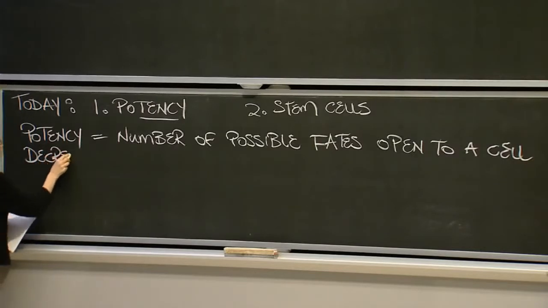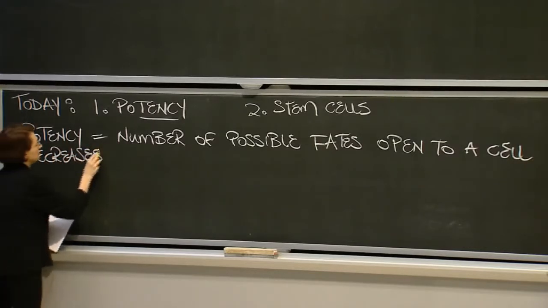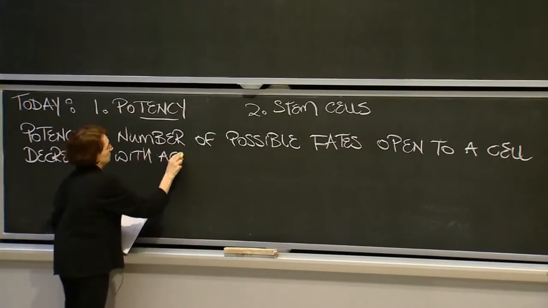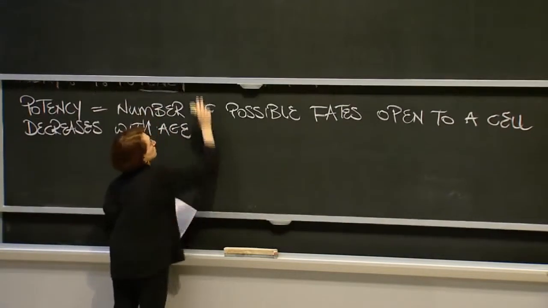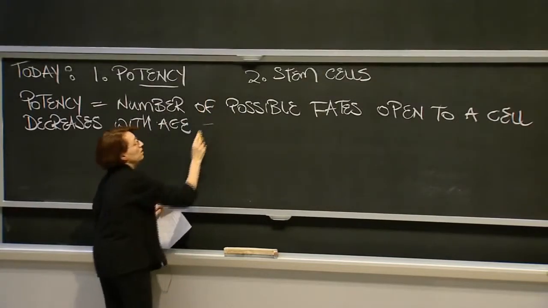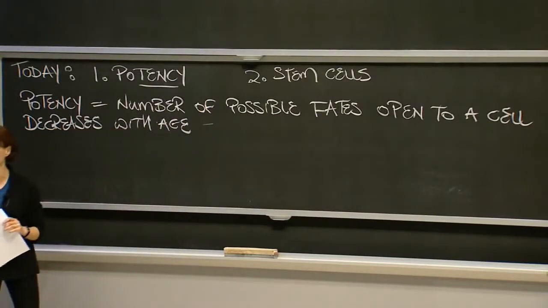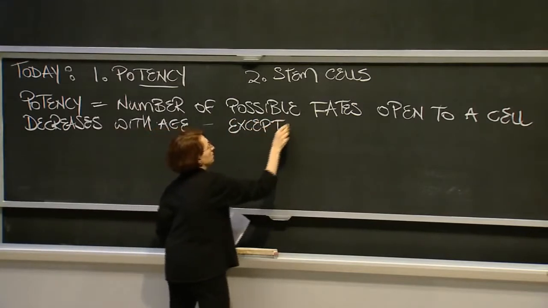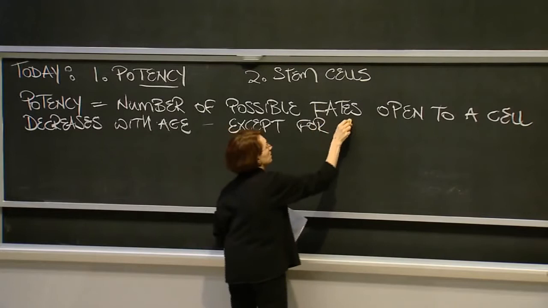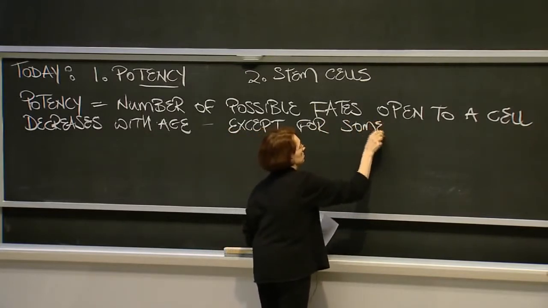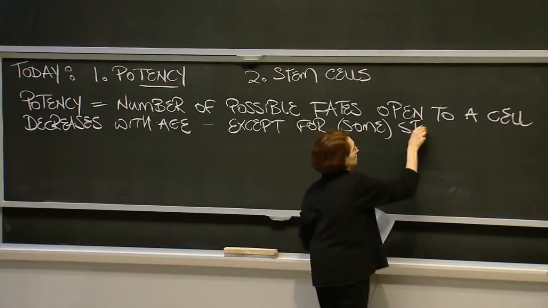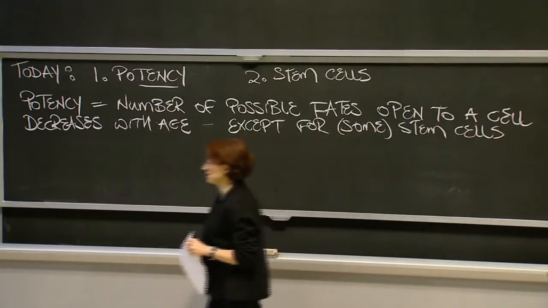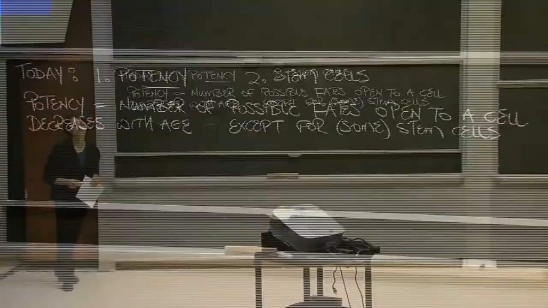So in general, potency decreases with age, except for some stem cells. We haven't defined a stem cell yet, but we will.